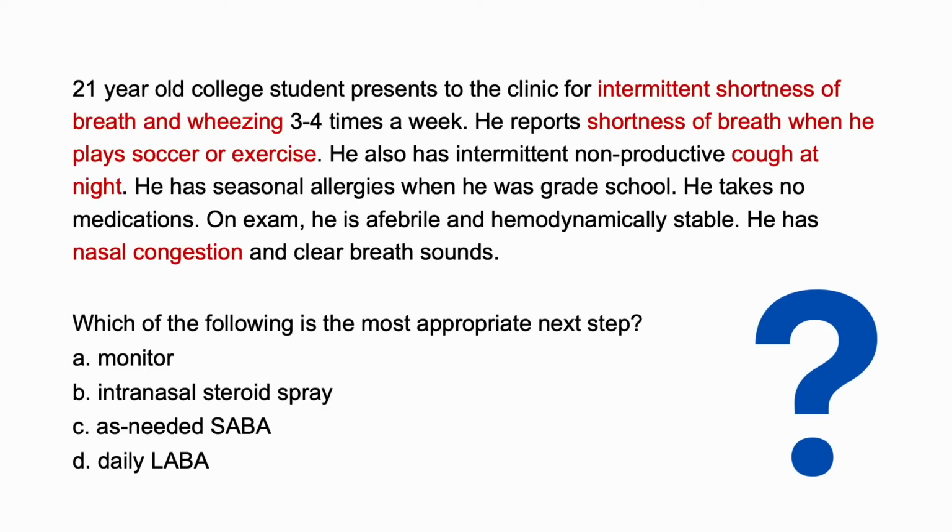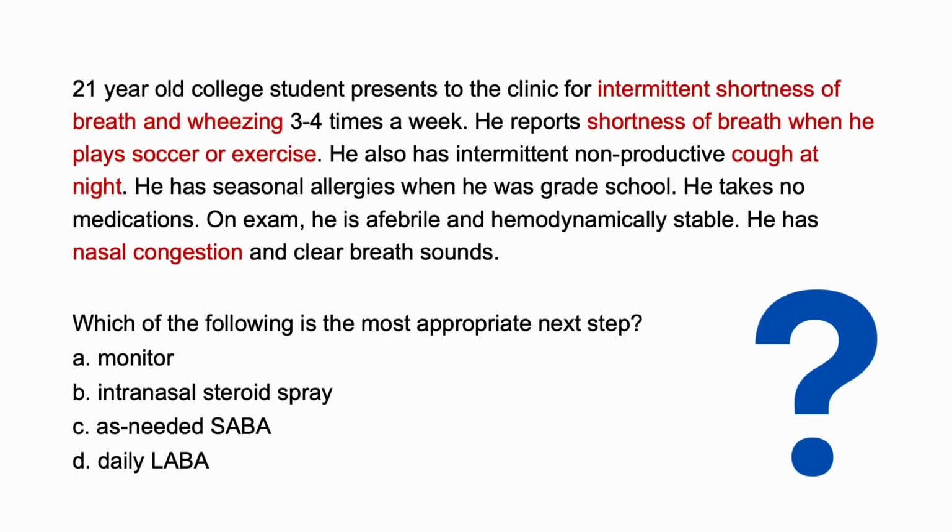Do we just monitor, discharge him, and ask him to follow up with us in a few days? Do we prescribe him intranasal steroid spray, such as Flonase? Do we prescribe him as-needed SABA? Or do we prescribe him daily LABA? Although intranasal steroid spray is needed since he does have rhinitis, the most appropriate is to manage his symptoms because he is short of breath.